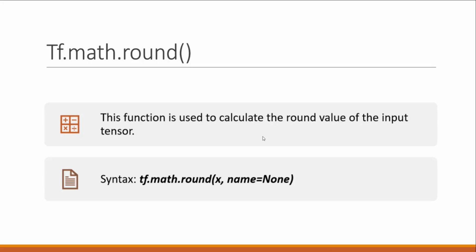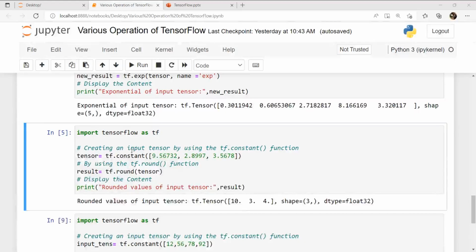Now let us take an example and understand the working of the tf.math.round function. In this example I have created a tensor by using tf.constant, and within this function I have assigned the floating values 9.567, 2.8997, 3.678. Now I want to display the rounded values.